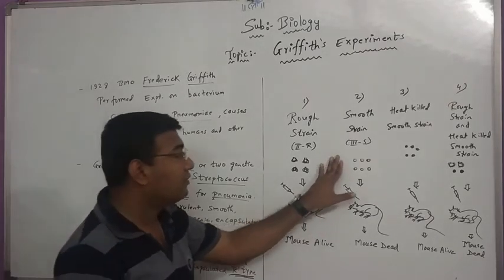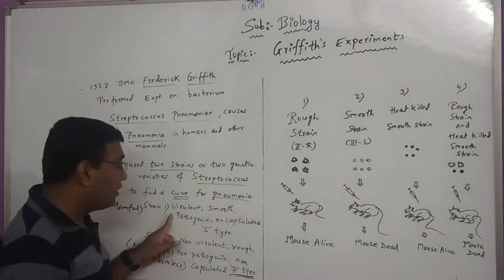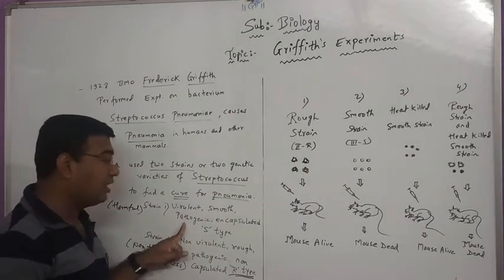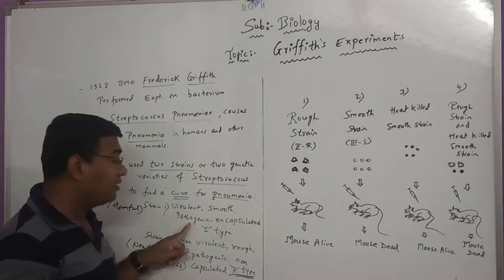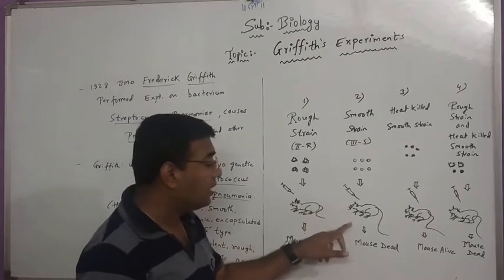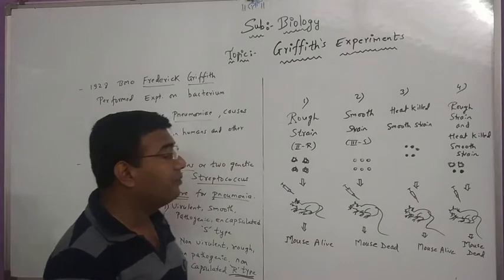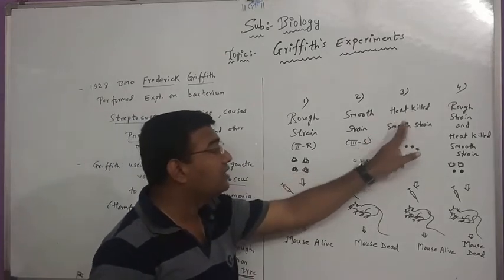But in the second case, he injected the smooth one. The smooth one was virulent, pathogenic, which causes harm, disease or death, and encapsulated. When it was injected, the mouse died. In the third experiment, he injected the heat-killed smooth strain.